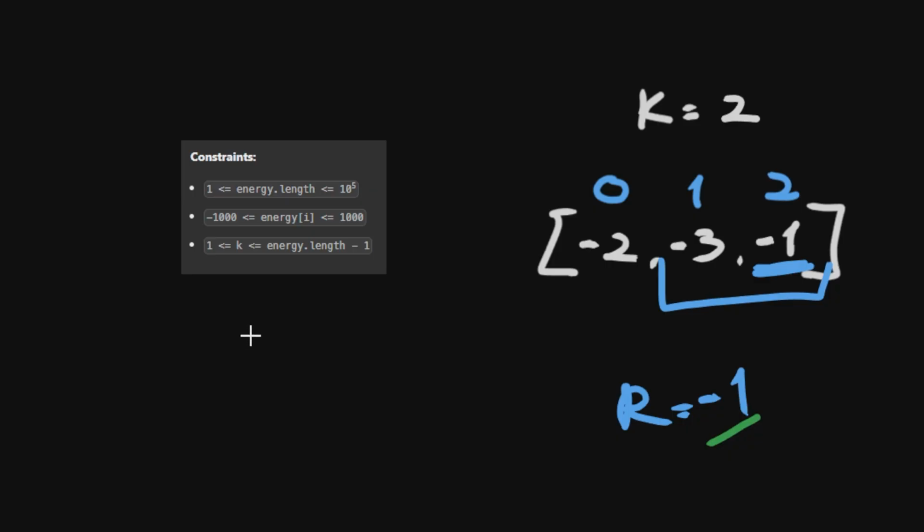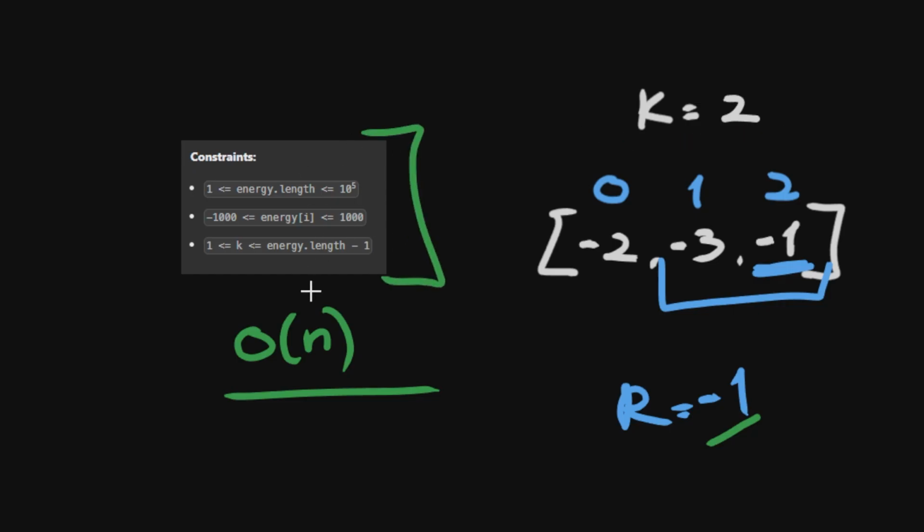Time complexity for this approach will be big O of n, because we are iterating every element from left to right. First we go from k all the way to the end, and then we take the maximum of the last k elements. And this is overall big O of n, time complexity. And space complexity, well, it depends on how you implement this. K can grow up to n, here we have the constraints.